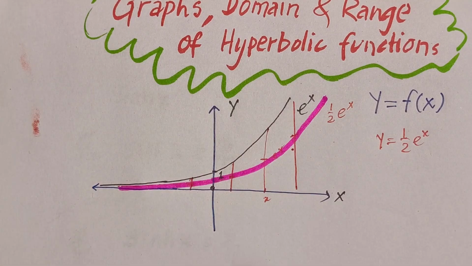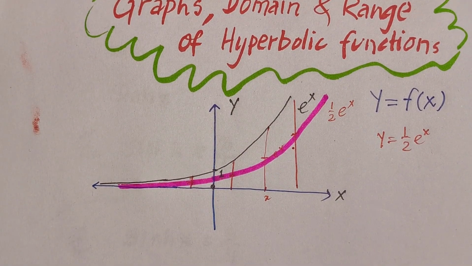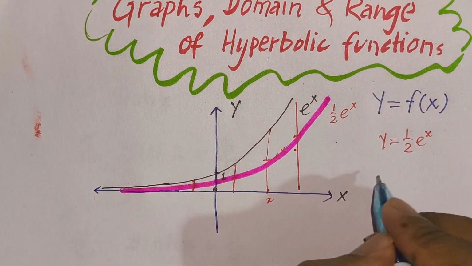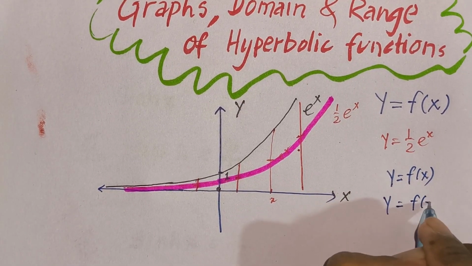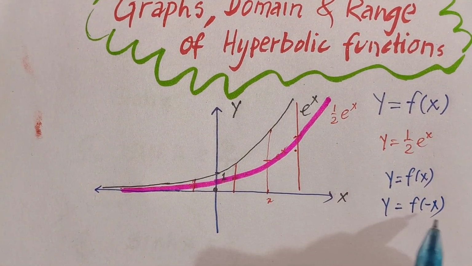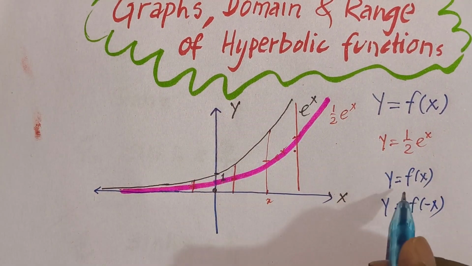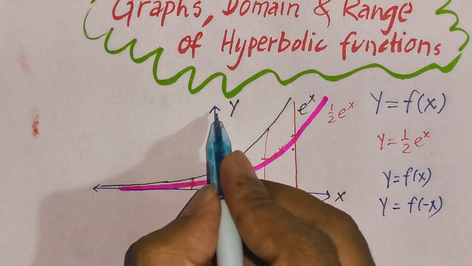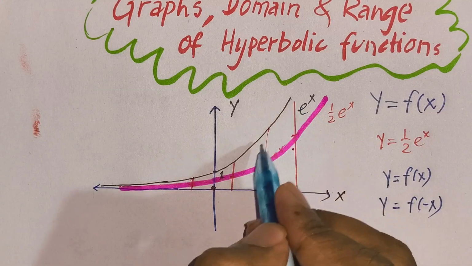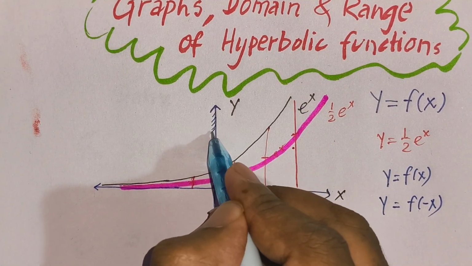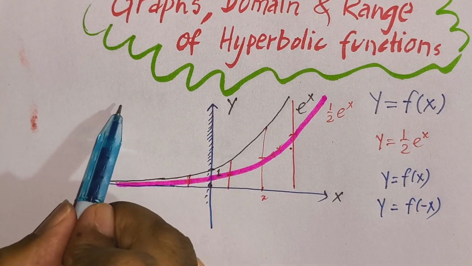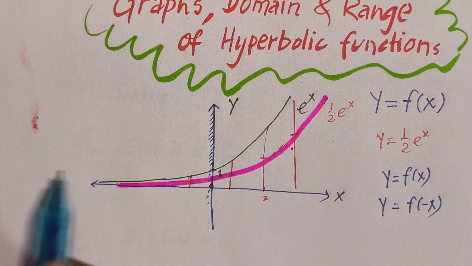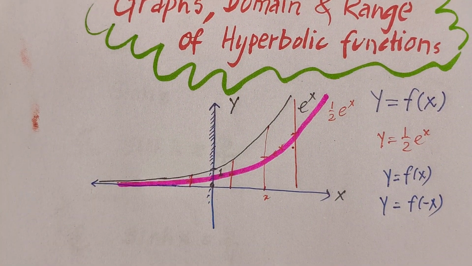What is e to the power minus x? If we know y equals f of x, we also know the graph of y equals f of minus x. This graph is just the reflection of the graph of y equals f of x, treating the y-axis as a mirror. So if this is e to the power x, and we treat the y-axis as a mirror and reflect the graph, the graph of e to the power minus x looks like this.